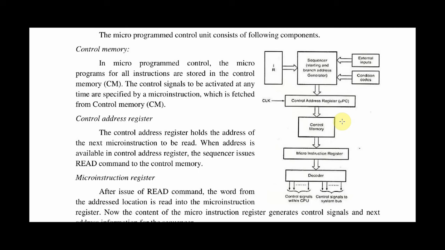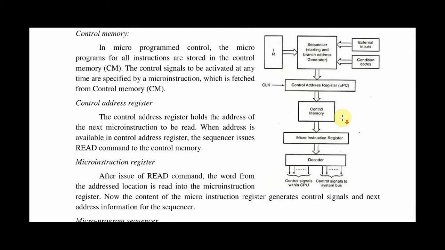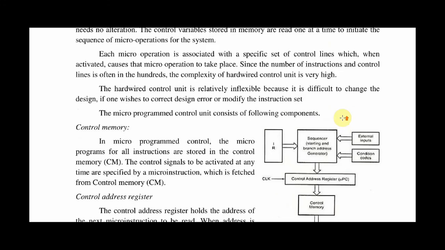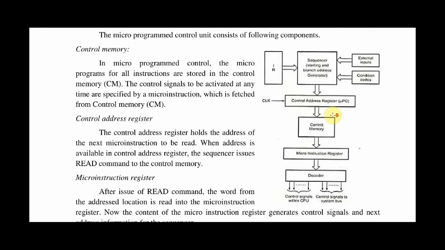In the case of arithmetic and logic operations, it will generate the control sequence for the ALU, and in the case of memory transfer operations, it will generate the control sequence for the system bus. So this is the overall architecture of microprogram control.